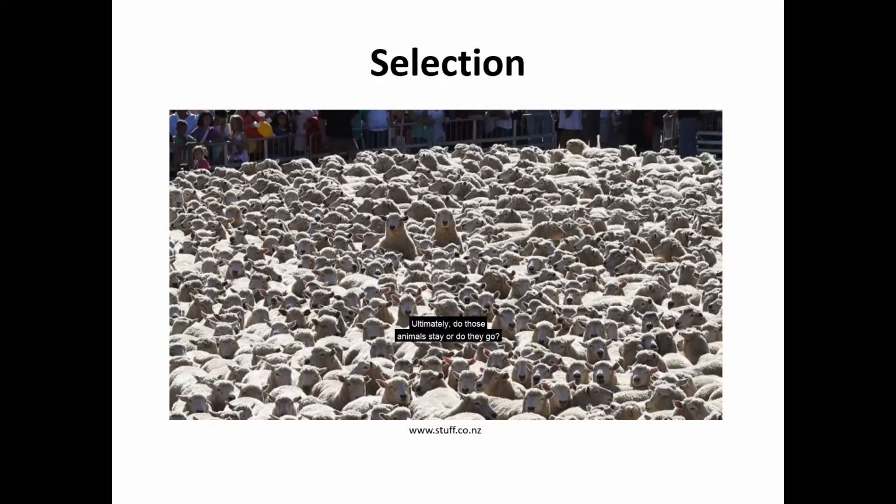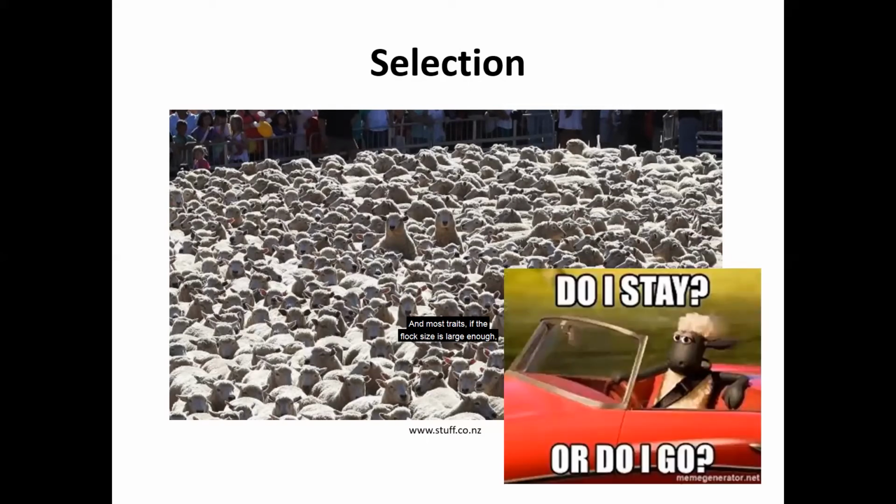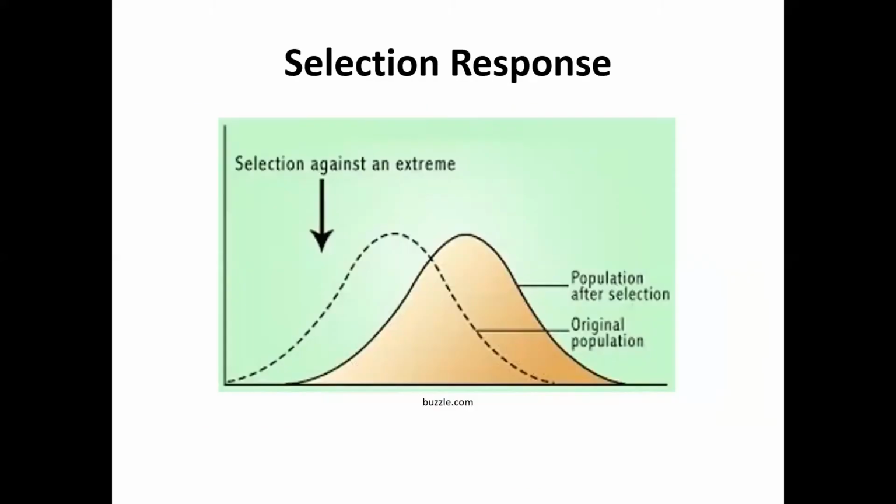So selection is a process of manipulating variation, finding out which animals stand out amongst the crowd, and whether that's a good or a bad thing. Ultimately, do those animals stay or do they go? And most traits, if the flock size is large enough, are distributed on a normal distribution or a bell curve.